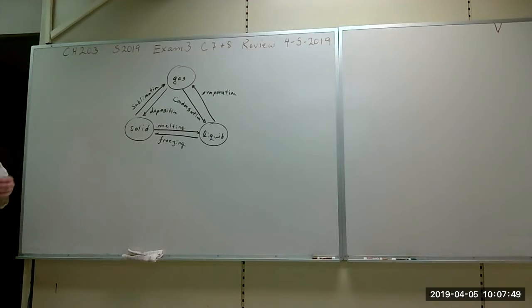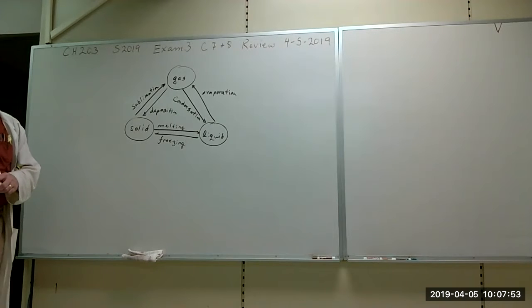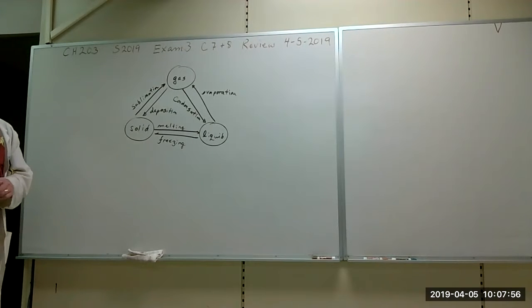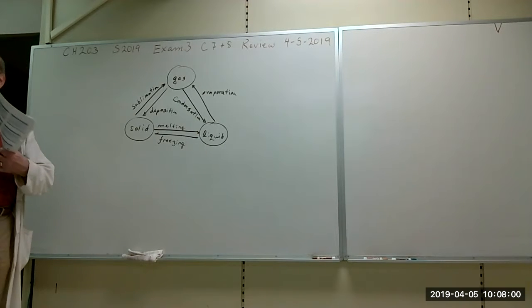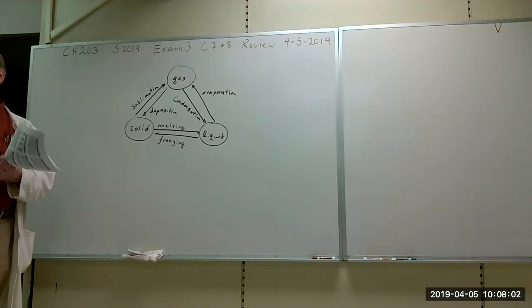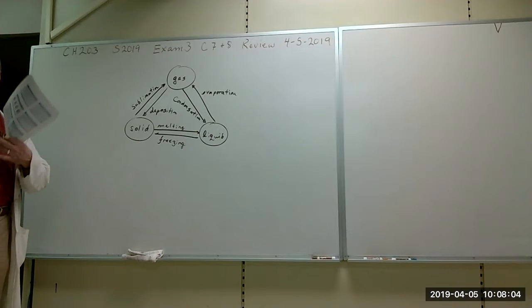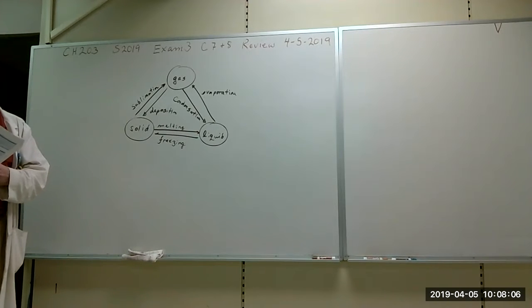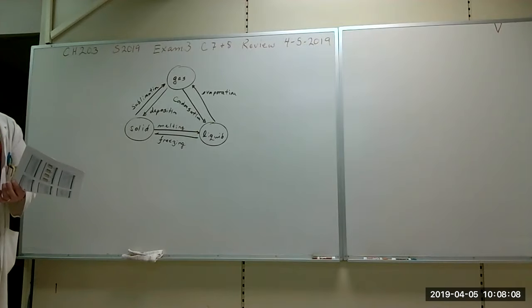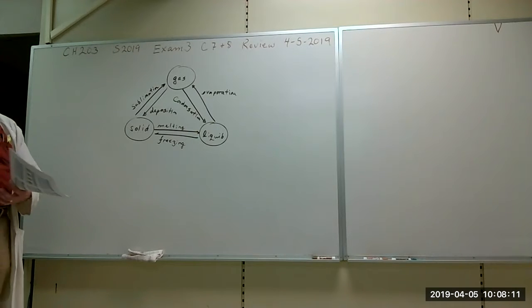Now the question becomes, which way is the heat flowing? Because heat has to flow in order for these to happen, right? We've got to change the average kinetic energy of the molecules to go from one to the other. So that means heat has to be transferred.